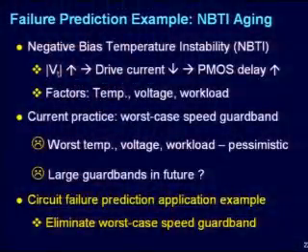So let me be more concrete, and let me show you one concrete example of circuit failure prediction in the context of NBTI aging, where NBTI stands for negative bias temperature instability. It's an aging mechanism in PMOS transistors that became very prominent starting with 90 nanometer technology.